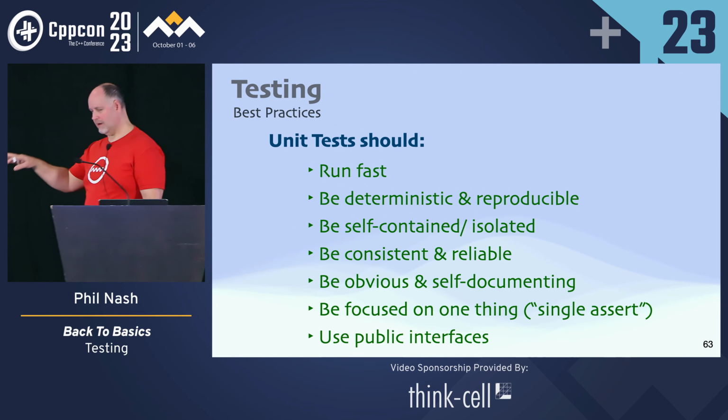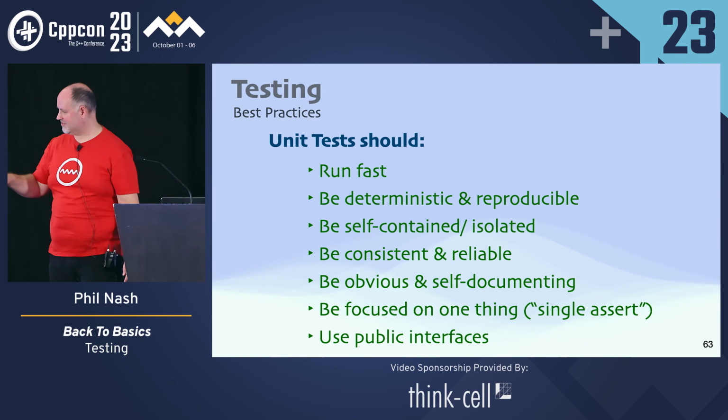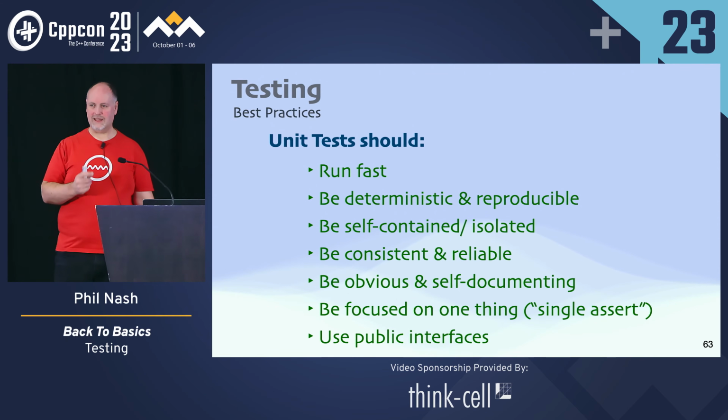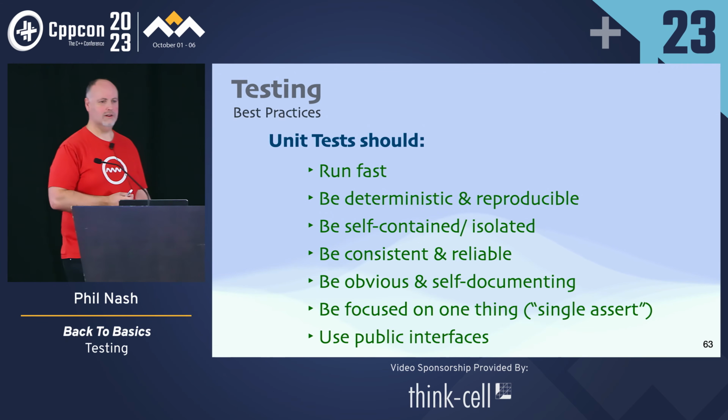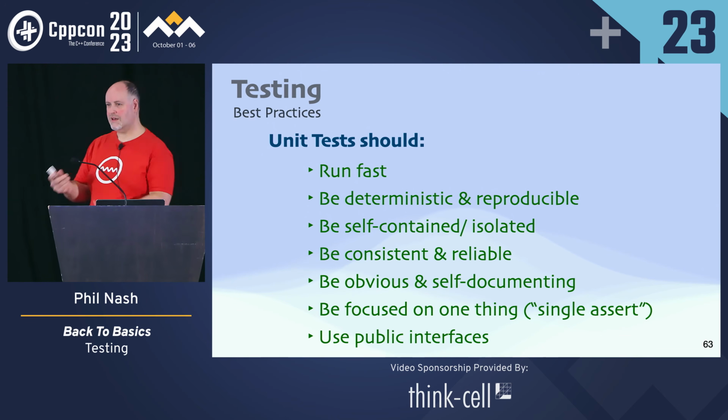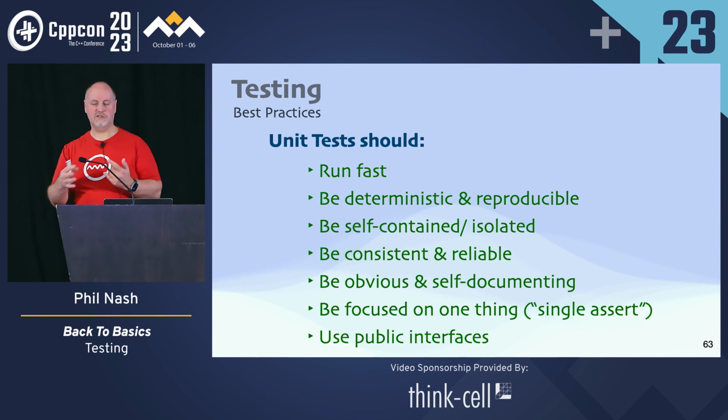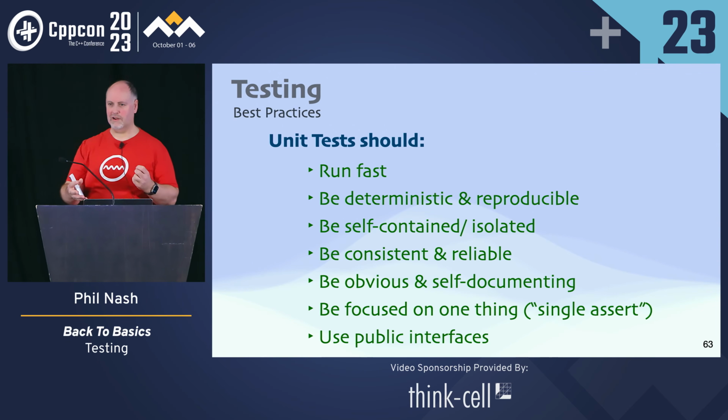And finally, and maybe this is the most controversial one on the list, always test via the public interface. What I mean by that is, it's very tempting to write lots of tests against your implementation details. I think, well, I've got this implementation, I need to test for it.